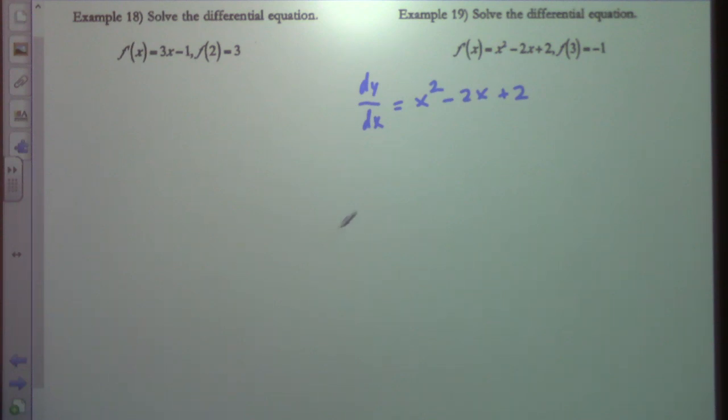And then dy is equal to all this. One thing you'll see a lot in calculus is this notation. But I don't like it, because I want to make sure that you communicate that it means dx times all these things.